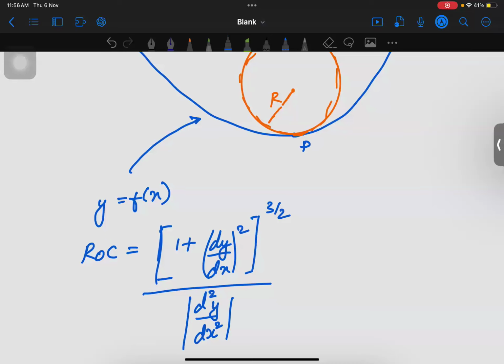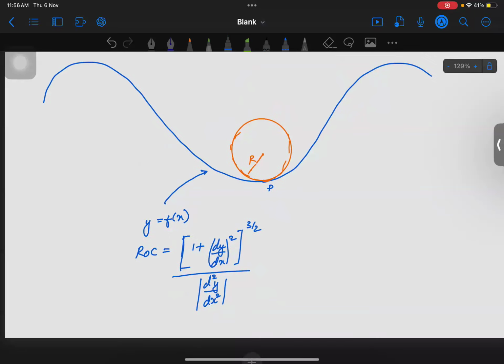This is one way. If you know the function over here, you can find out at this point by substituting the x and y coordinates at this location. After you differentiate twice, and finally put in the values of x and y, you can find the ROC.